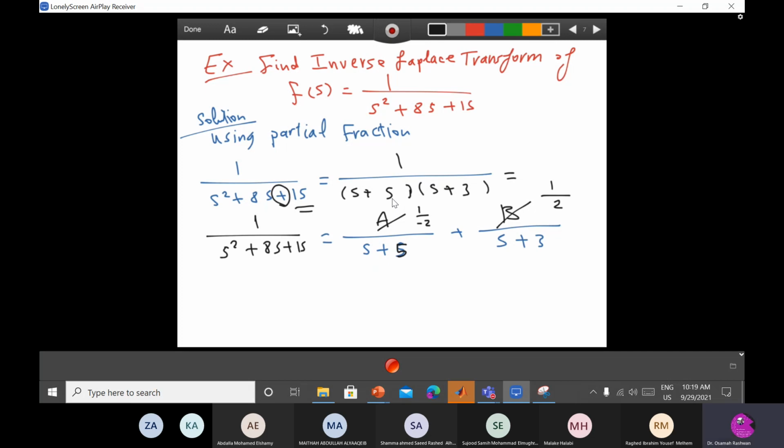Now I would like to have the Laplace inverse for 1 over s squared plus 8s plus 15.